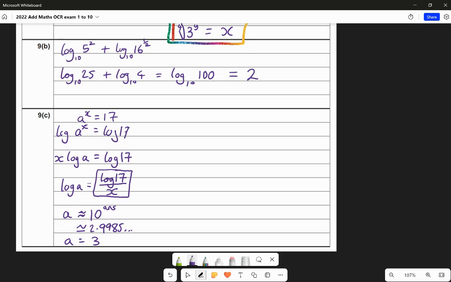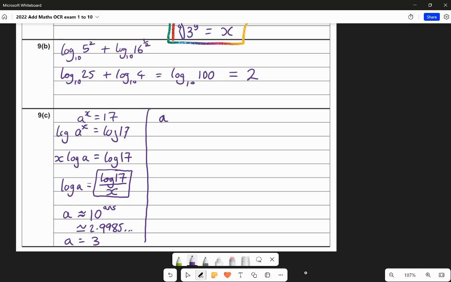So that's one way, just using the values you've got and seeing what's the closest number to the answer you get. You could also just do it by trying different values out. You know that x is 2.58, so it's a to the power of 2 point something, between 2.575 and 2.585, because that's the limits of accuracy.